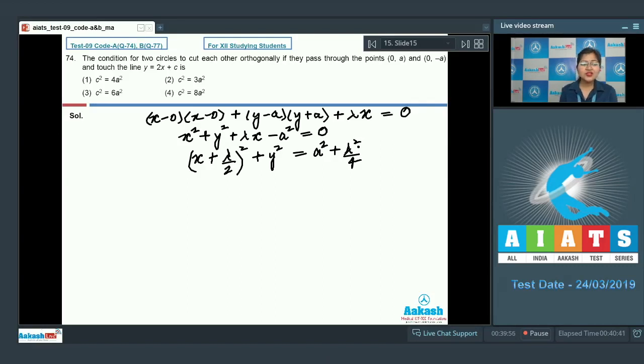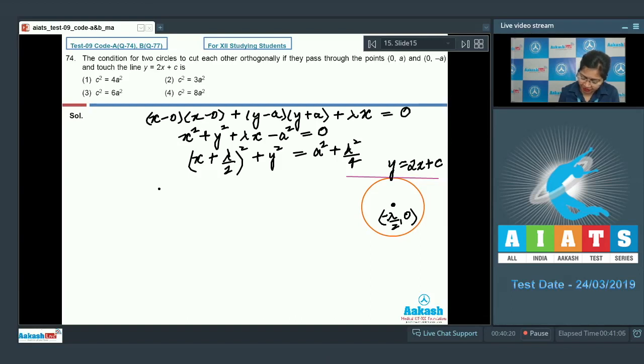Right, now it touches the line y = 2x + c. Let us say this is the circle and this is the line. So its center is (-lambda/2, 0). This is the center. So equation of the line is y = 2x + c.